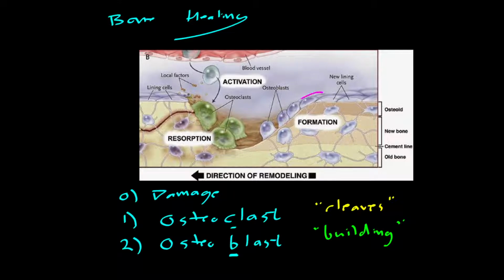So you can see those here. They just kind of hang out on the surface of your bone and wait for something to do. And once they get activated, they come in and they start laying down new bone tissue. And they attach themselves into the matrix of bone tissue. And then they're essentially stuck in place.